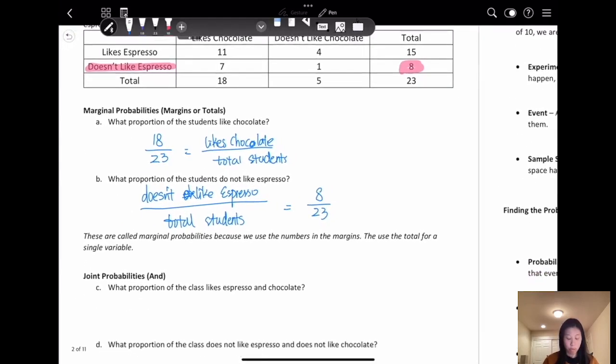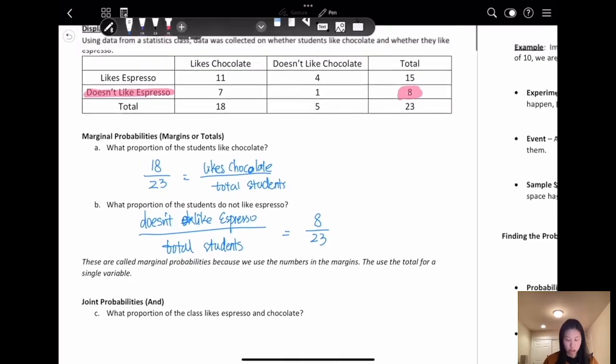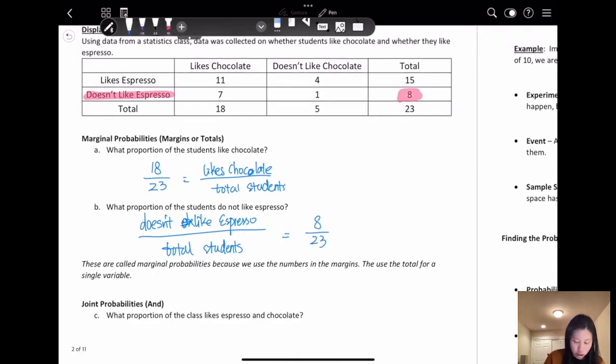Now joint probability. What is the proportion of the class who like espresso and chocolate? Let's find it on the table. They need to both satisfy: they like espresso, and they also need to like chocolate. So let's see which part overlaps.